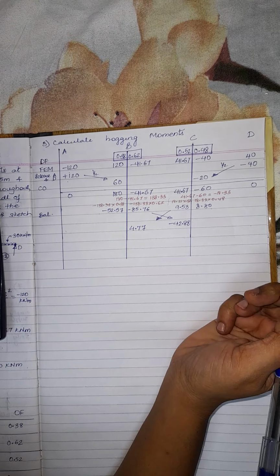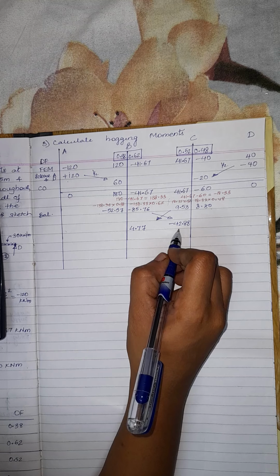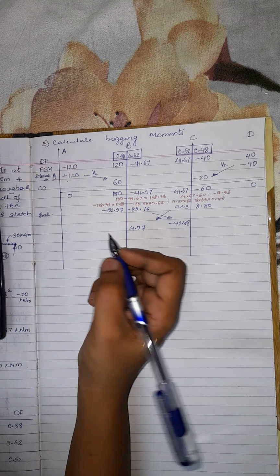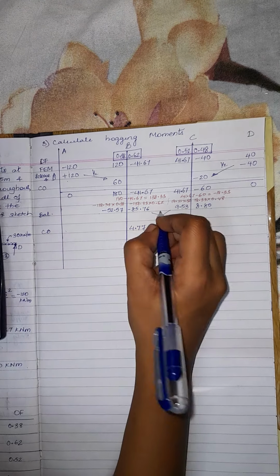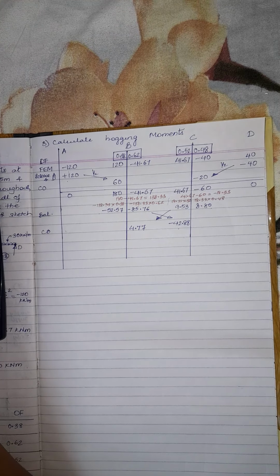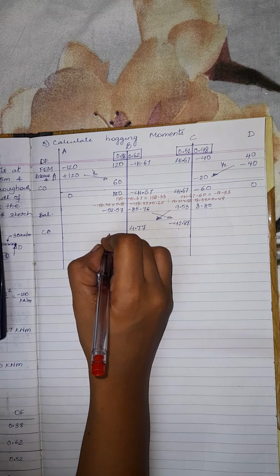Now this is the unbalanced moment again. This is carryover, and there is an unbalanced moment again here, so we have to balance it. How much will be the value?